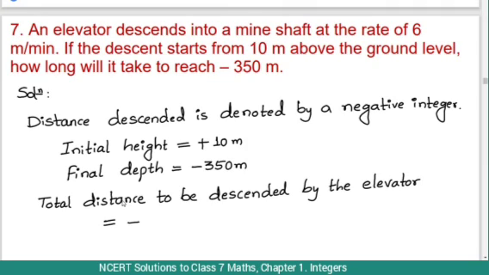Total distance to be descended by the elevator is minus 350 minus 10, which is equal to minus 360 meters.